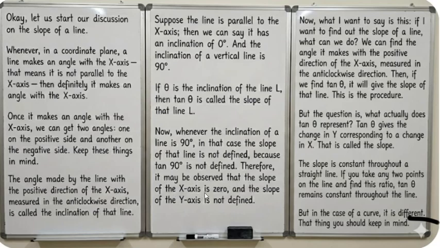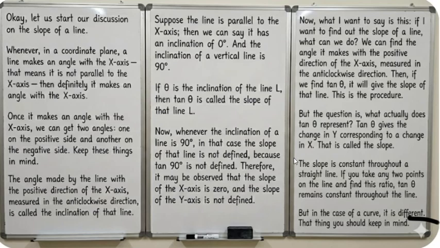Similarly, the slope of the x-axis is 0, because it makes an angle of 0 with the x-axis, and tan 0 is 0. Again, the slope of the y-axis is not defined because tan 90 is not defined.